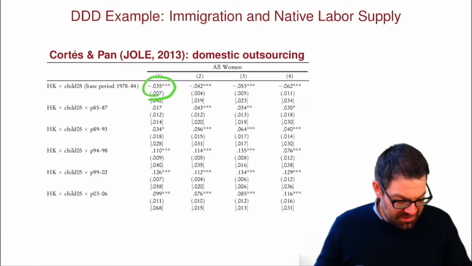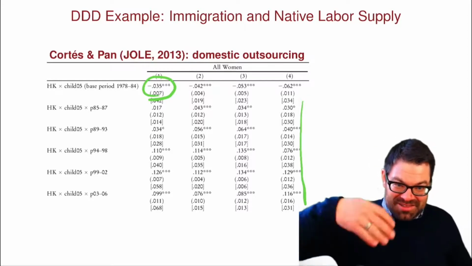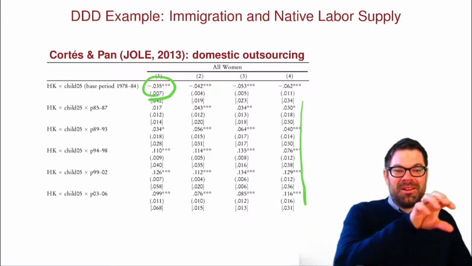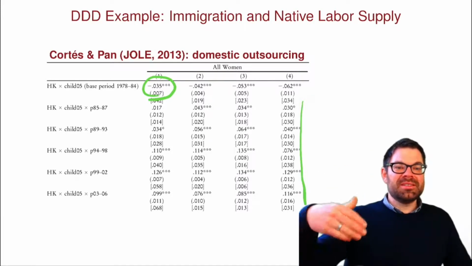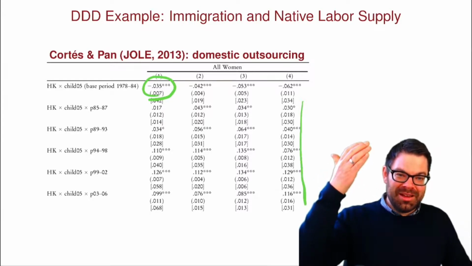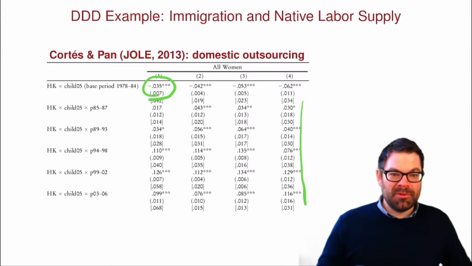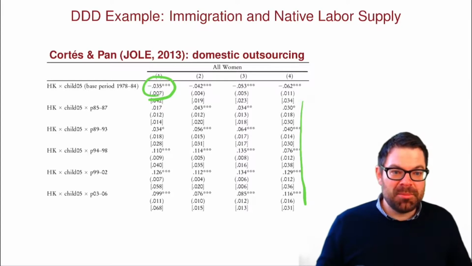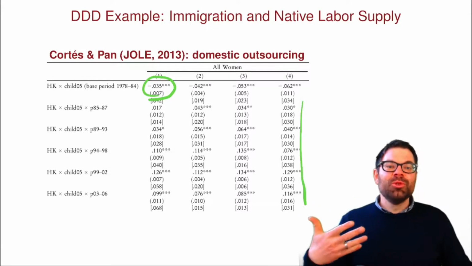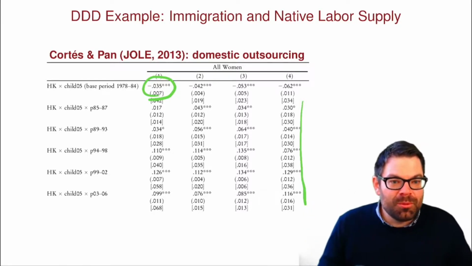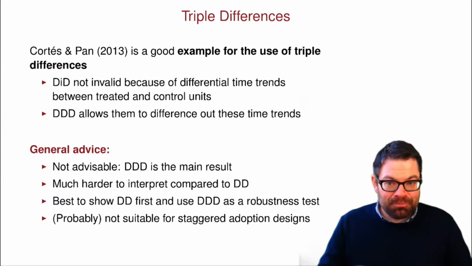But then you see in years afterwards for that triple interaction that it actually reversed, that relative to the same share in Taiwan, there was a disproportionate increase in Hong Kong in labor supply among women with school-age children. And then that, along with other evidence that they bring in the paper, they interpret as the causal effect of that recruitment policy, or of foreign domestic worker use or employment in the household, on female labor supply. Right?